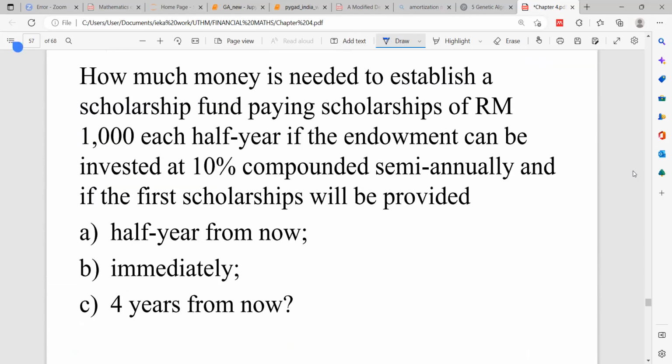Okay. For example, how much money is needed to establish a scholarship fund paying scholarship of 1,000 ringgit each half year if the endowment can be invested at 10% compounded semi-annually, and if the first scholarship will be provided: A, half year from now, B, immediately, C, 4 years from now.